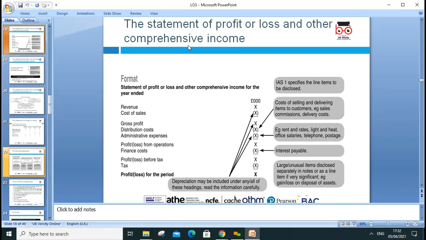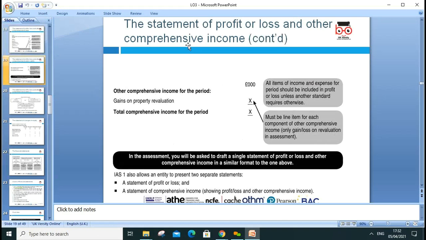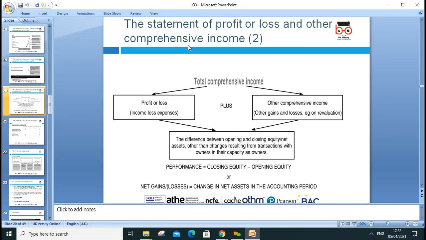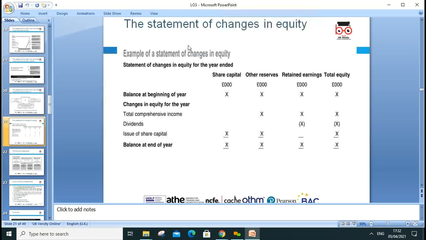And that profit does not mean cash; it can be a credit sale also that is part of the profit. Then we have other comprehensive income. Those are not our routine business. Sometimes we have a gain on property values, so that can be an income, and we can pay capital gains tax on it. Then we have profit less expenses, plus other comprehensive income, which is part of equity figures, which we can prepare under the statement of changes in equity.